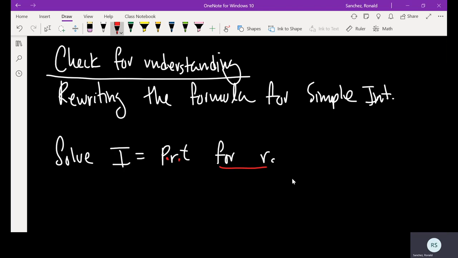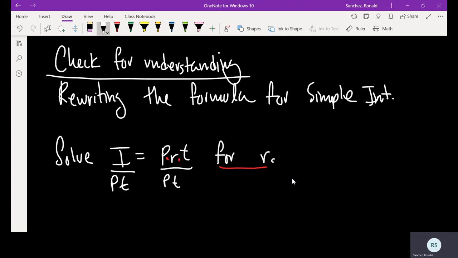So we have I is equal to P times R times T. If P, R, and T are multiplying each other, and I want to leave R alone, what will be the opposite of multiplying by P and T? If you said the opposite of multiplying R times P and times T is dividing by P and T, you are exactly correct.